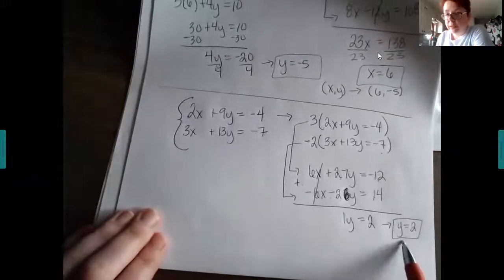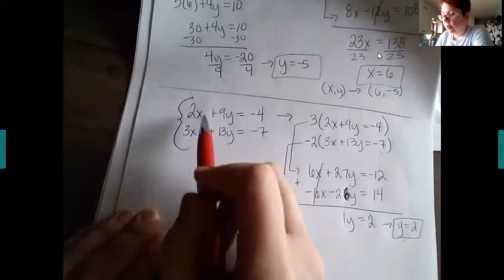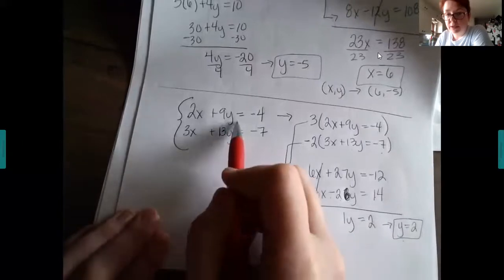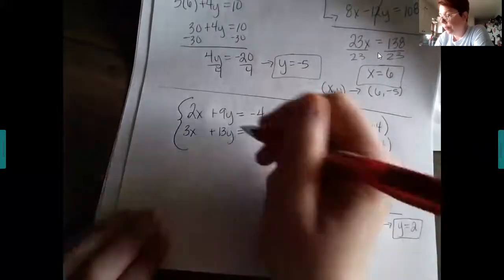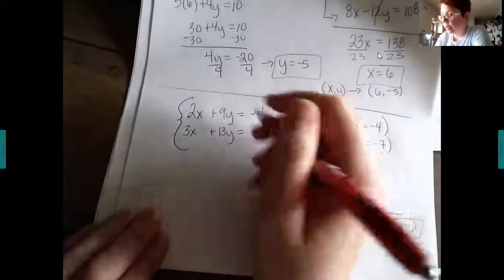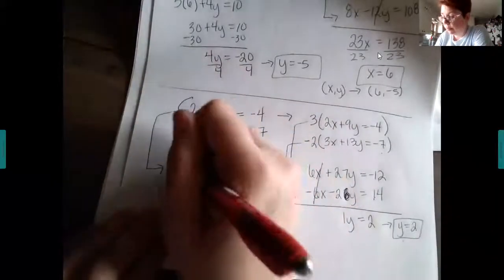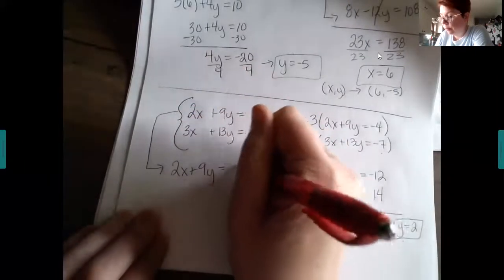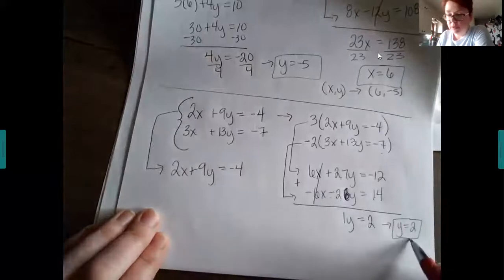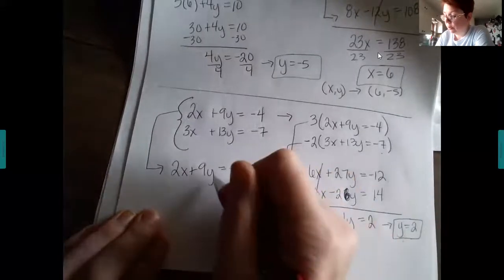So now that I know what y is, I have to go back to one of these equations and substitute in that value and solve for x. Again, you know, nothing wrong with this line, but this one seems a little bit easier to me. I'm going to substitute this value for y, which was 2, into here.